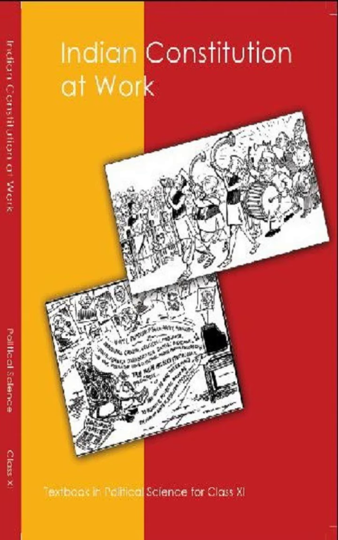The Constitution was adopted on 26 November 1949. 284 members were actually present on 24 January 1950 and appended their signature to the Constitution as finally passed. The Constitution came into force on 26 January 1950.